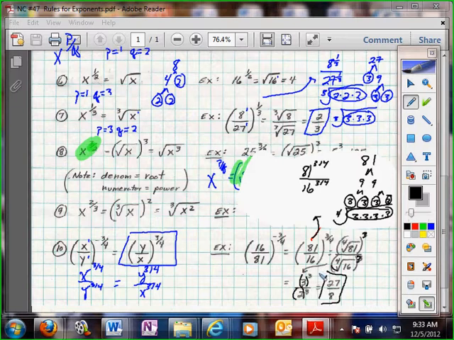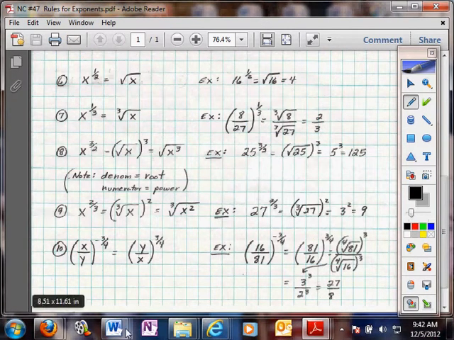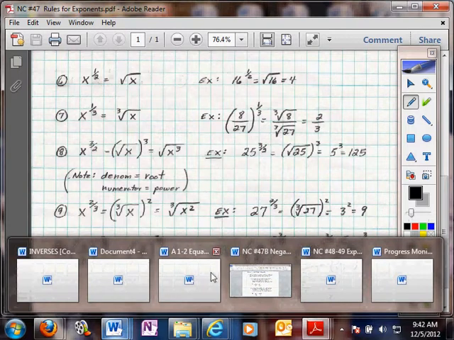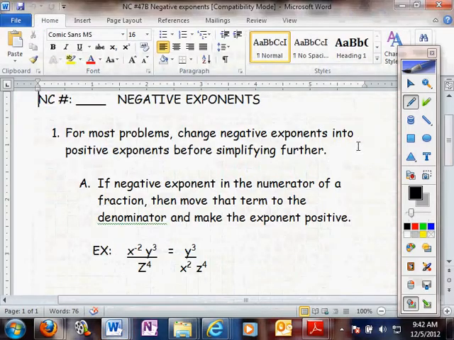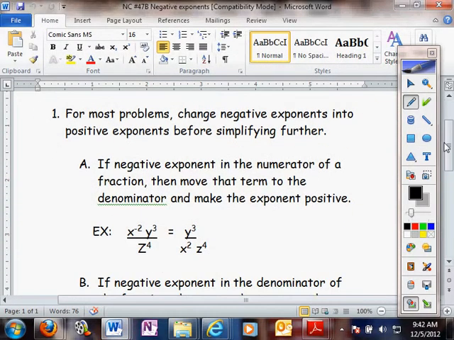Note card 47B is just another way of talking about negative exponents, but I believe we covered negative exponents well on note card 47. But let's just look at note card 47B quickly. Negative exponents.